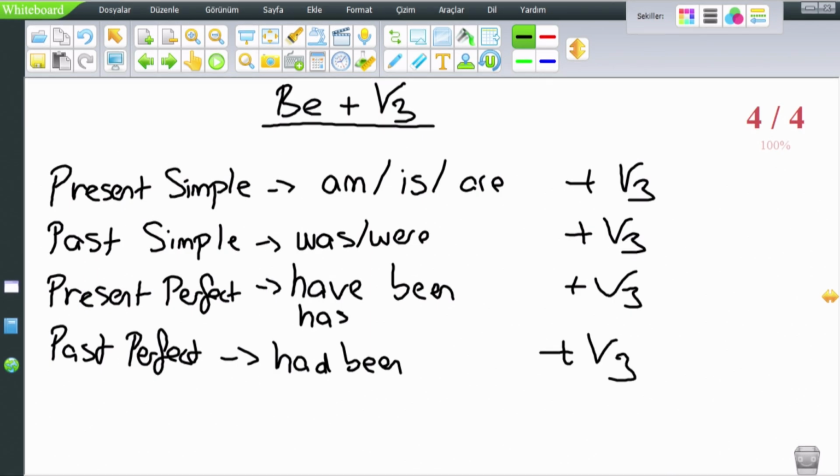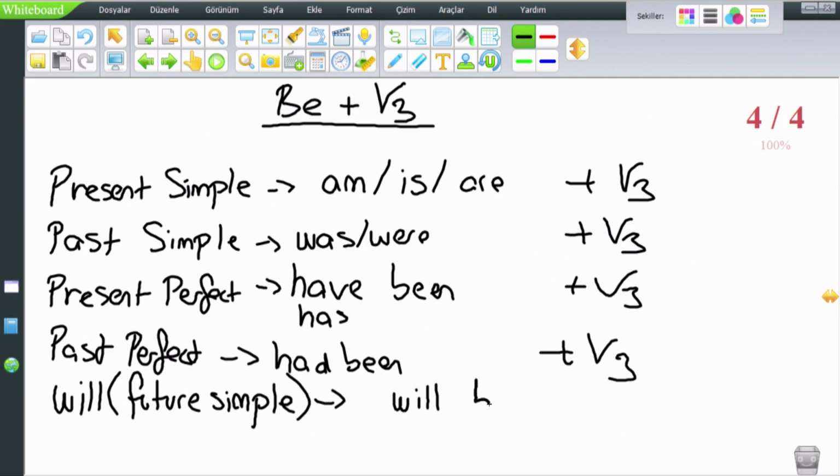And if we're talking about future simple, which is will, we're going to use will be, verb 3. This is the chart we can get help from when we're talking about passive voice 1.